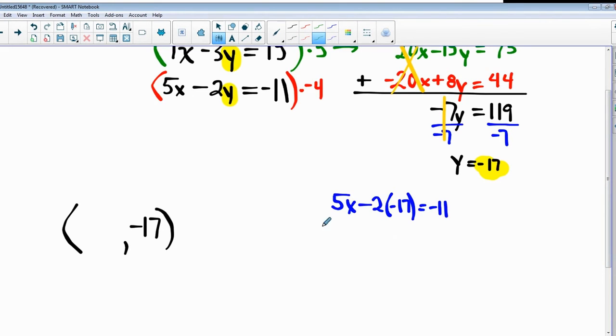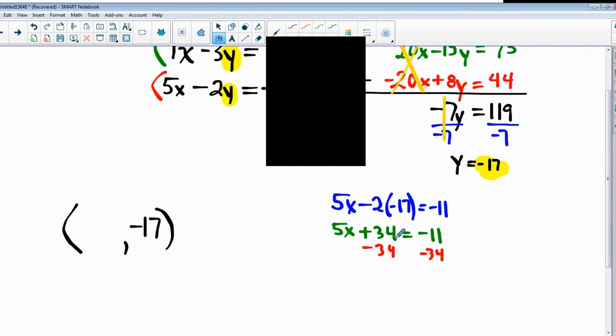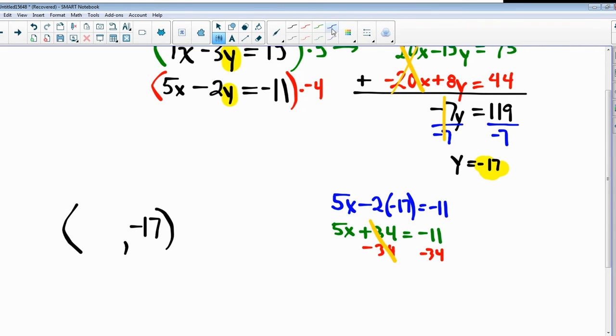So multiplying the -2 times -17 is +34. And then we can subtract 34 from both sides. That cancels. And then we're left with, what do we got here? 5x still on the left side equals, what is that, -45 on the right.